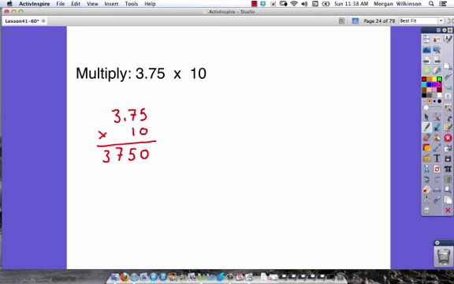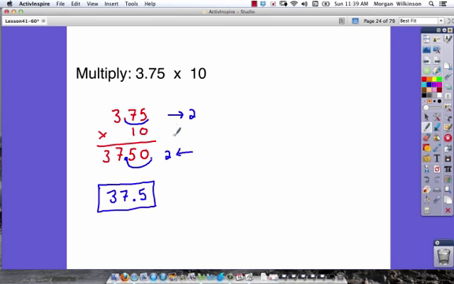We know we need to put the decimal in the right position, so we're going to move it out twice. We're going to bring it back in twice to balance that out in our product. So we move it in twice. It must be between the 7 and the 5. So our answer is going to be 37.5 or 0.50.